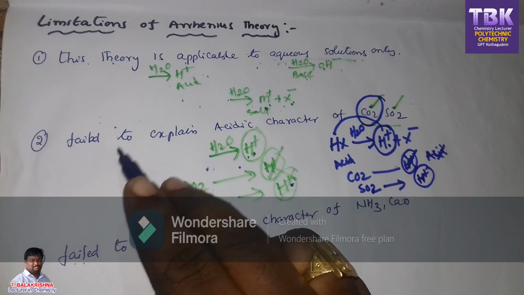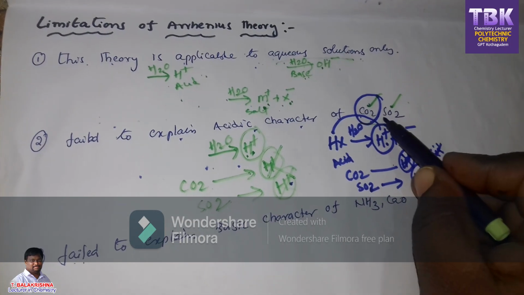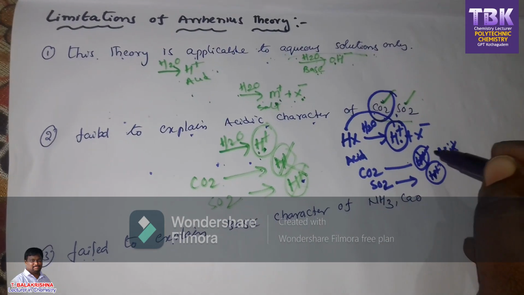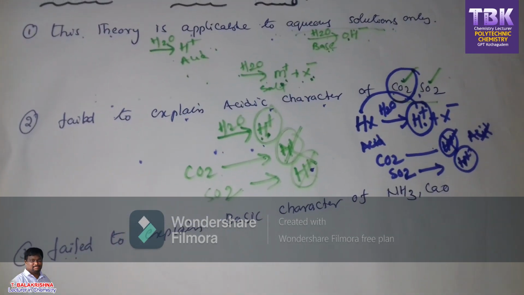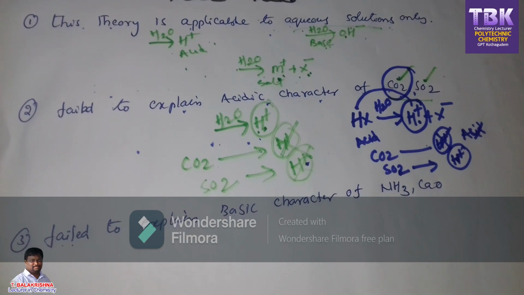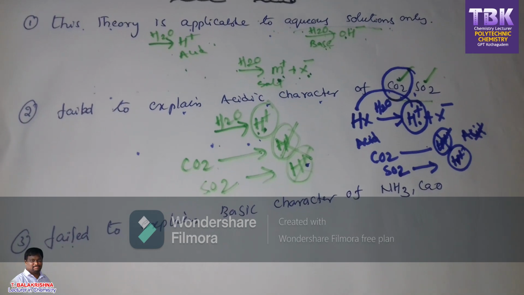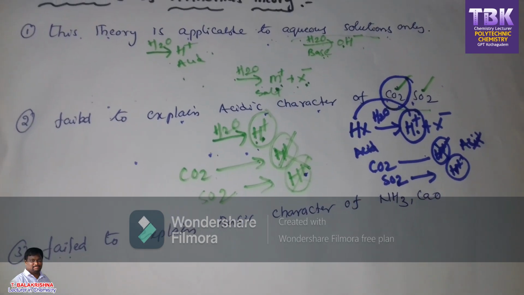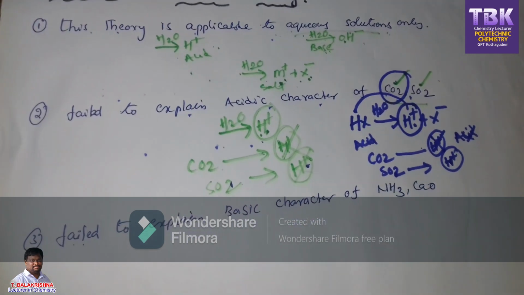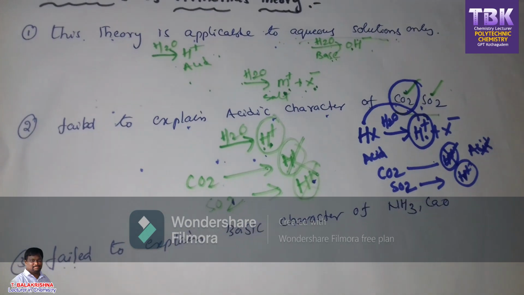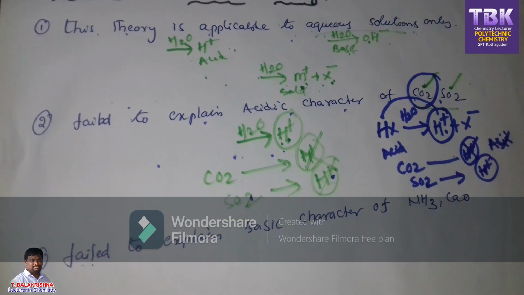So this theory failed to explain the acidic character of some molecules and elements which do not have hydrogen atom. వాటి దగ్గర హైడ్రోజన్ ఆటమ్ లేకపోయినప్పటికీ అవి ఎసిడిక్ క్యారెక్టర్ చూపిస్తున్నాయి. ఈ థియరీ ప్రకారం దాని దగ్గర హైడ్రోజన్ అనే ఆటమ్ ఉండాలి. అది అయనైజ్ అయినప్పుడు వాటర్లో కంపల్సరీ H plus ion ప్రొడ్యూస్ చేస్తారు. అలా చేస్తేనే ఈ థియరీ ప్రకారం యాసిడ్ అంటాం. కానీ CO2, SO2 లాంటి ఎలిమెంట్స్లో అటువంటి నేచర్ లేకపోయినప్పటికీ అవి ఎసిడిక్ క్యారెక్టర్ చూపిస్తున్నాయి. దట్ ఈజ్ ద సెకండ్ లిమిటేషన్ ఆఫ్ అర్హీనియస్ థియరీ ఆఫ్ యాసిడ్స్ అండ్ బేసెస్.